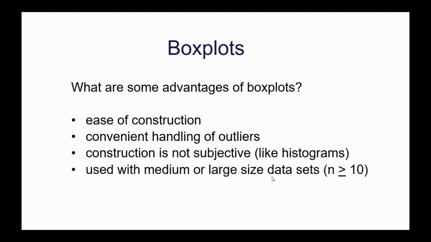And we tend to use them with medium or large size data sets, where n is greater than or equal to 10. Those small ones tend to distort the data. You don't want to use it if you have less than 10 data points. And they're useful for doing comparative displays, as we'll see throughout today.